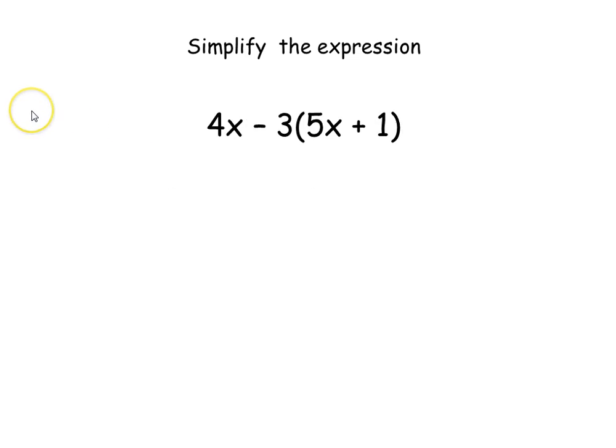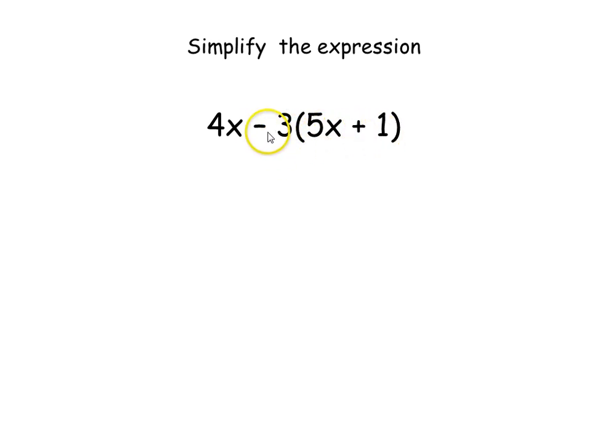If we do another one, we have 4x minus 3 times the quantity 5x plus 1. What we're going to do here, again, is simplify the expression. It could say use the distributive property, it could say expand, it could say several different things, evaluate. What we're going to do again is use the distributive property on this negative 3 and multiply it by 5x and plus 1.